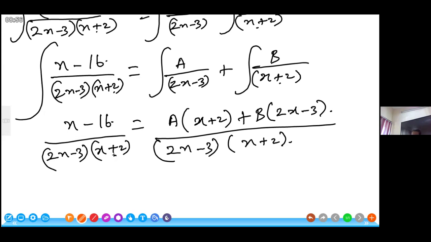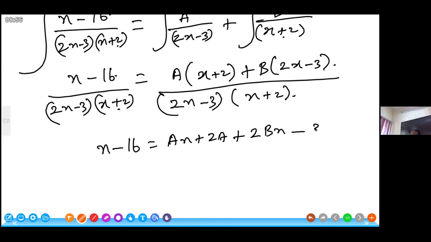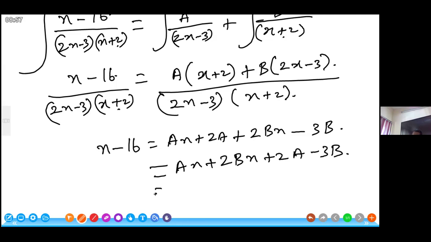So the denominators are the same, so we could equalize the numerators, which is ax plus 2a plus 2bx minus 3b. Let us rearrange it: ax plus 2bx plus 2a minus 3b.